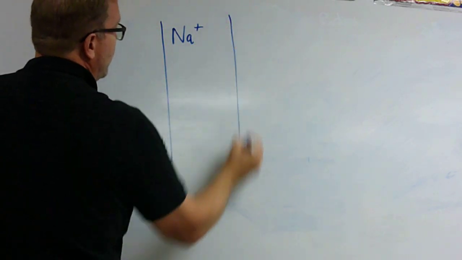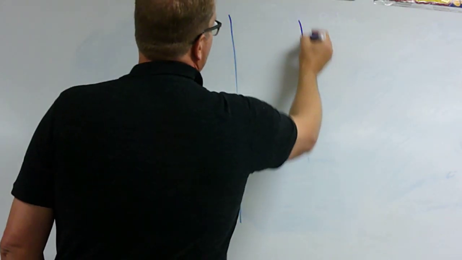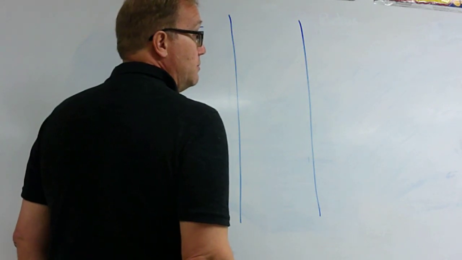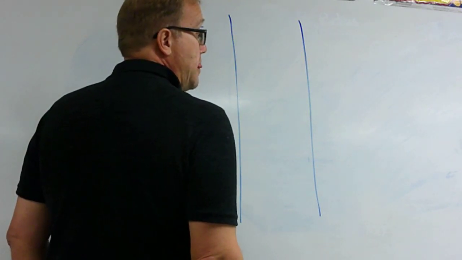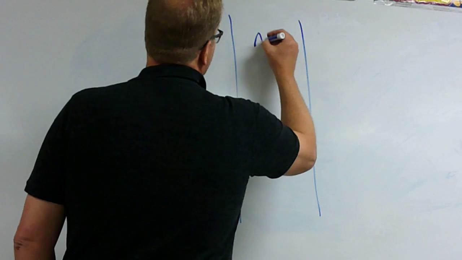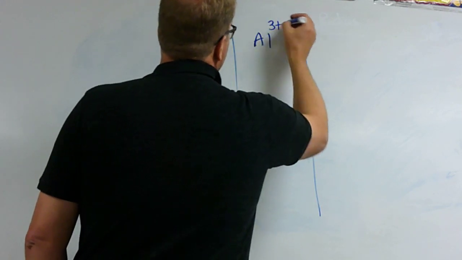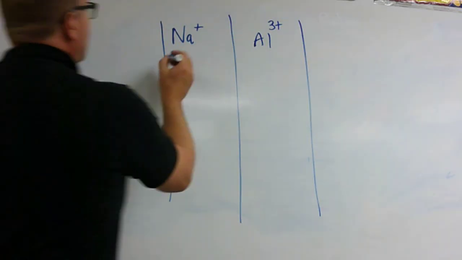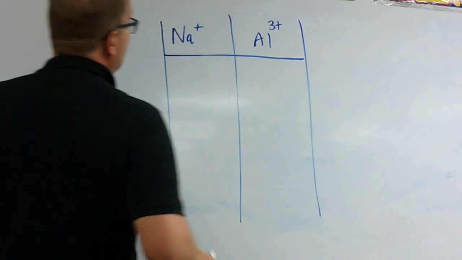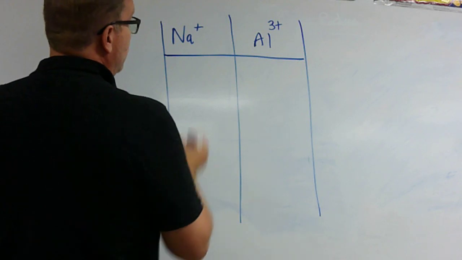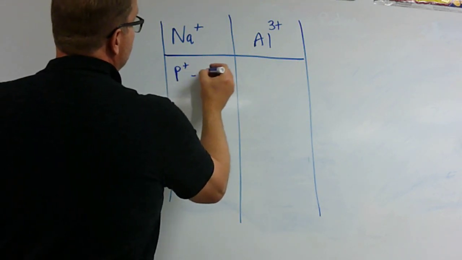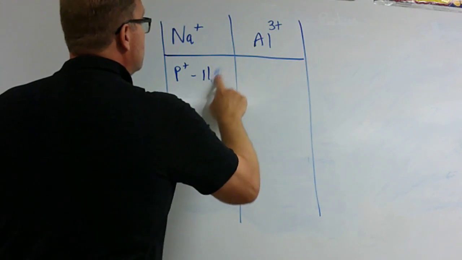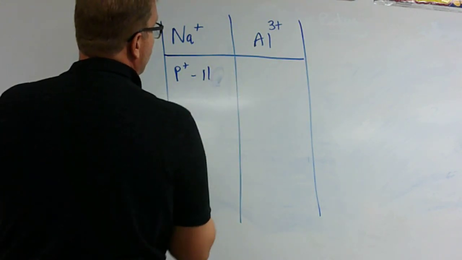Now we're dealing with positives. And we have, for this one, let's see, Al. And at the end, I'll tell you the moral to the story. So let's say we have Na, that's protons 11. 11 protons.